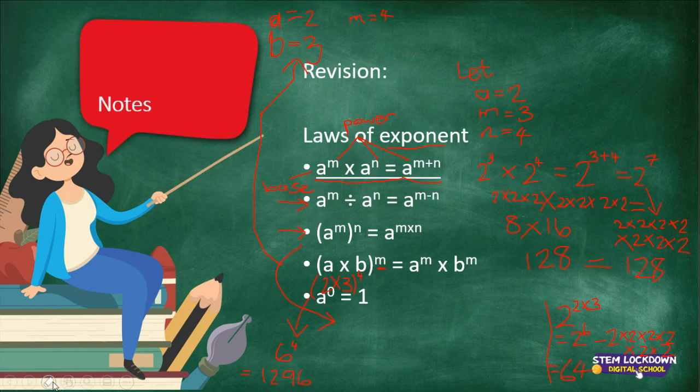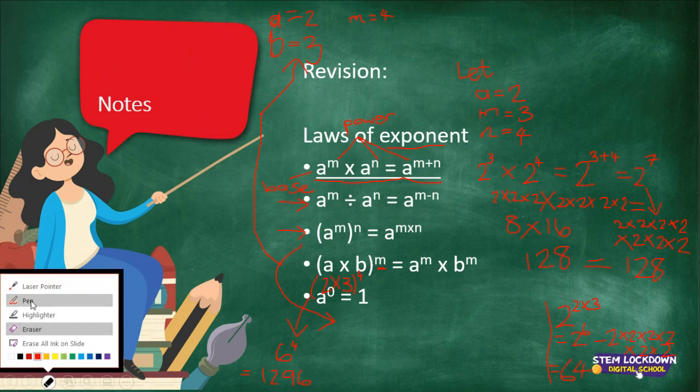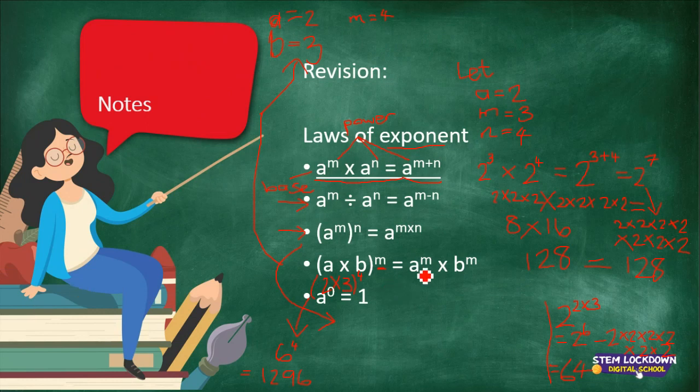Now let's look at the right hand side. Remember my a is 2, so this will be 2 to the power m. M is 4, multiplied by b. What's b?